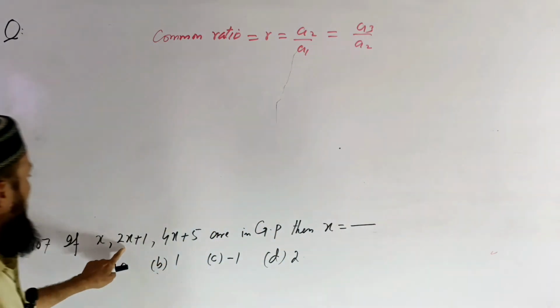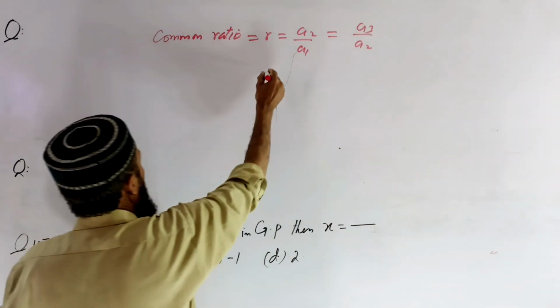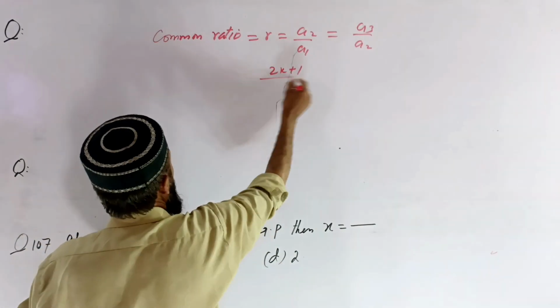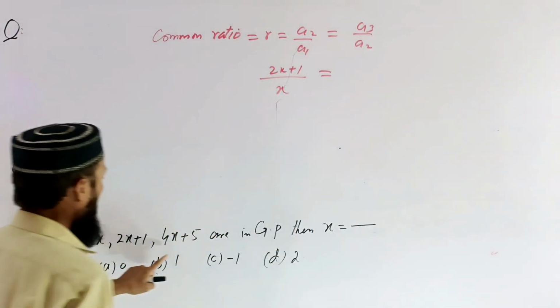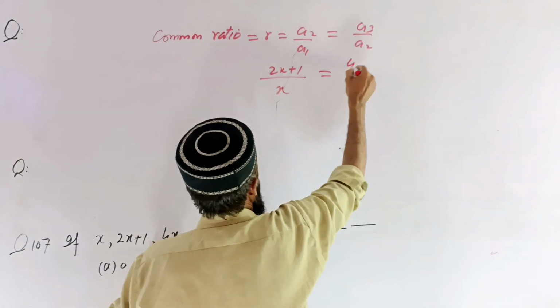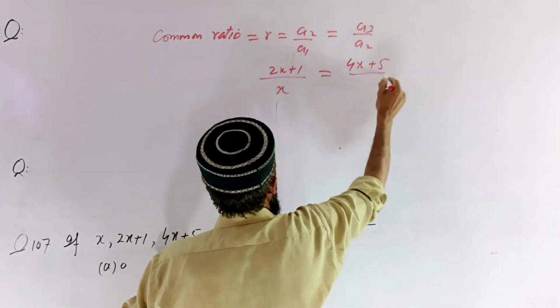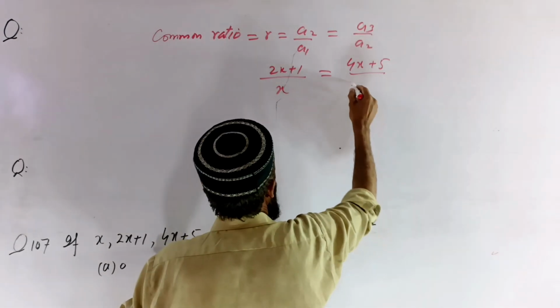Here the second value 2x plus 1 divided by the first value x is equal to the third value 4x plus 5 divided by the second value 2x plus 1.